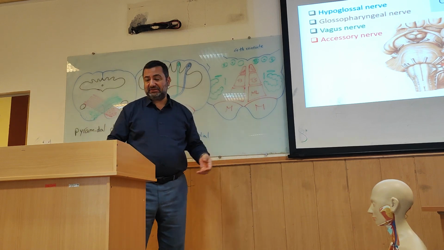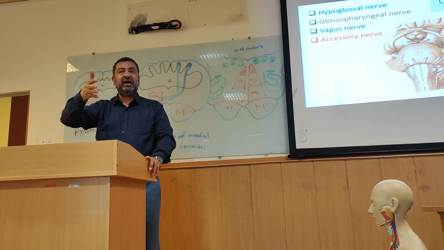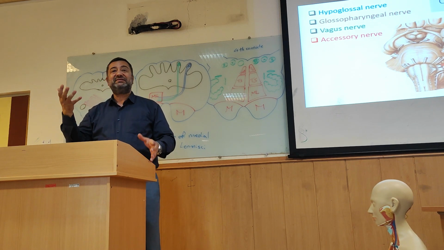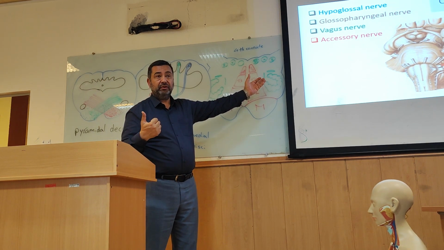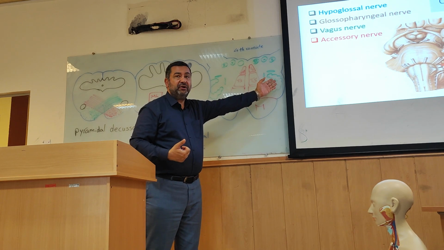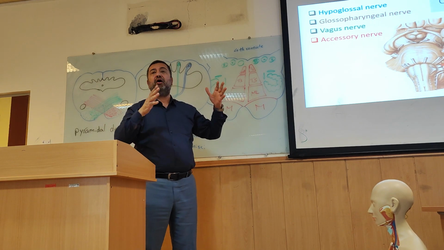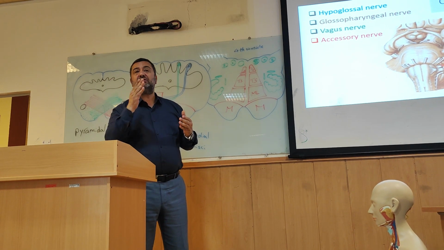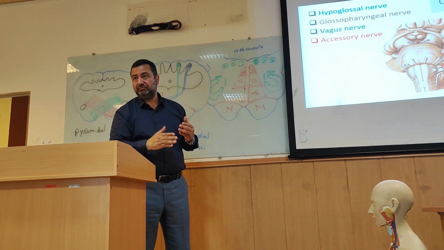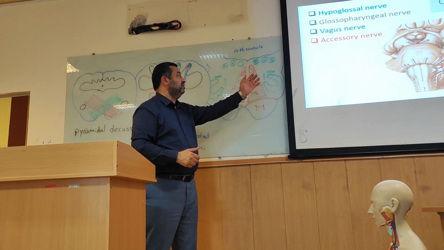Inferior olivary complex receives impulses from cortex and basal nuclei and red nucleus and sends impulses to the cerebellum. These fibers from inferior olivary nucleus to the cerebellum are called olivocerebellar tract.